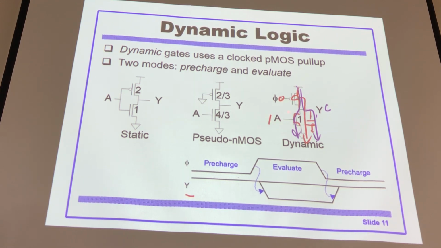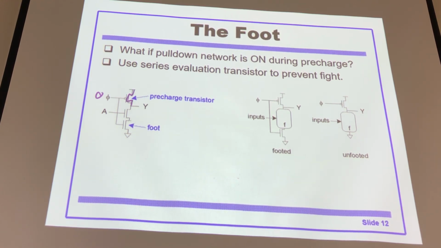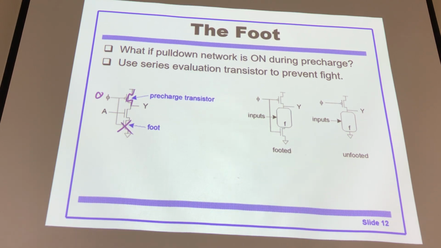If A is on during the pre-charge phase, which is not good, because that will make charging the capacitor much slower. We hope that this should be cut off during the pre-charge phase. That's why we have a foot NMOS transistor here, because when the clock signal is low, it is going to be off during the pre-charge phase, right?